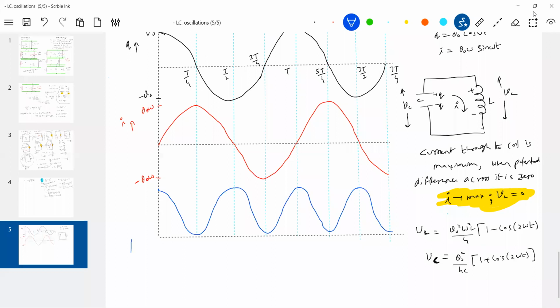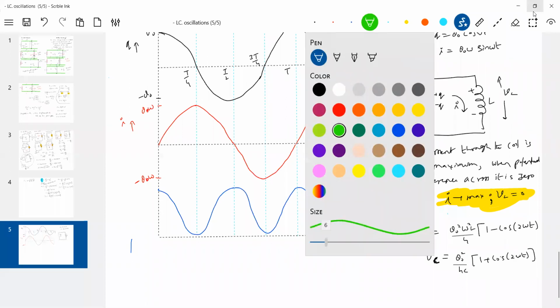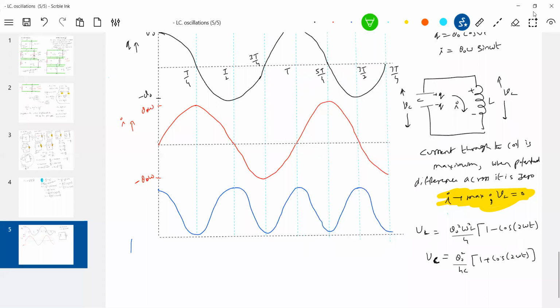So this is the energy across the capacitor, then energy across the inductor. The green color is UL, the blue color is UC.